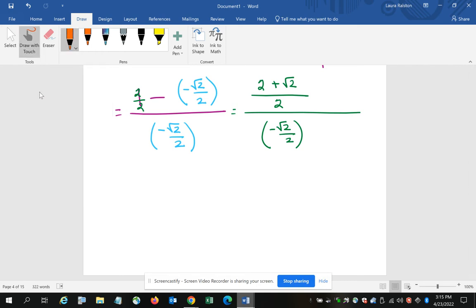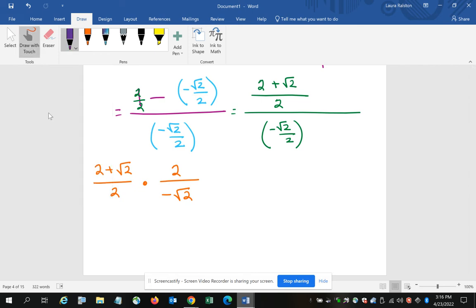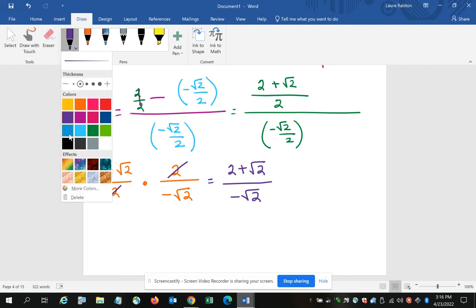Okay, so we have 2 plus square root 2 all over 2 times 2 over negative square root 2. Okay, then I'm going to do a little bit of simplification here. I notice that I have a 2 in the denominator and a 2 in the numerator. So I have 2 plus square root 2 all over negative square root 2. If you remember your rules from algebra, you are not permitted to have a radical in the denominator.